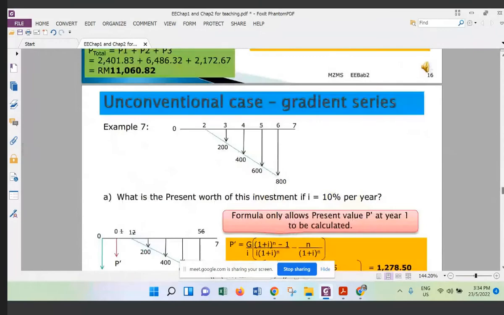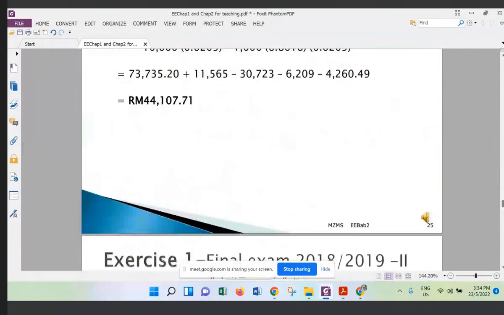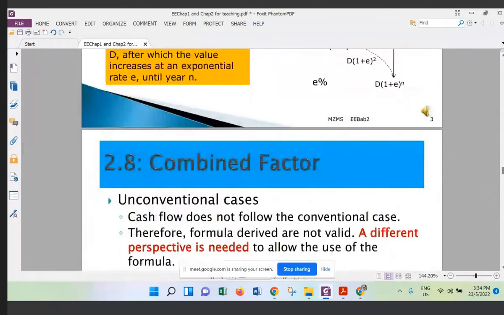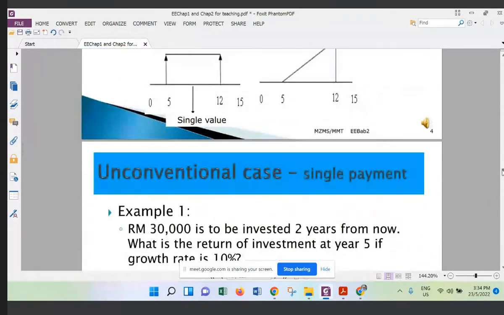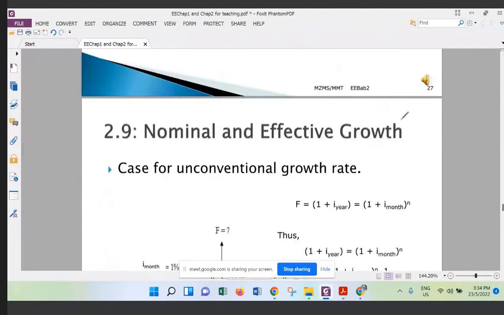Finally, the third one is effective and nominal growth.